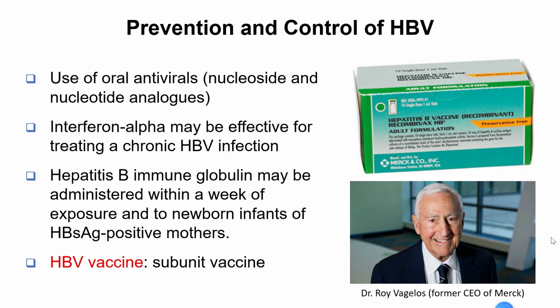But the problem is that at that time, most of the Chinese people were poor, and the government couldn't provide free vaccine to everyone. And even though the company wanted to sell the vaccine at a very low price, most of the Chinese people couldn't buy the vaccine. So a negotiation happened between the government and the company.